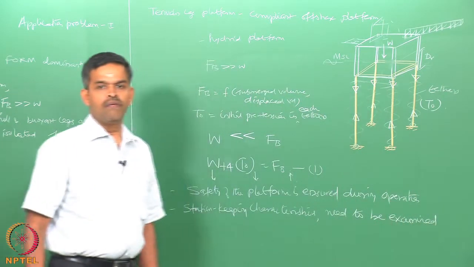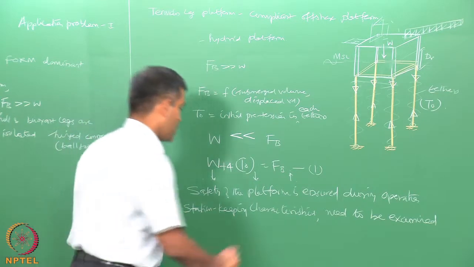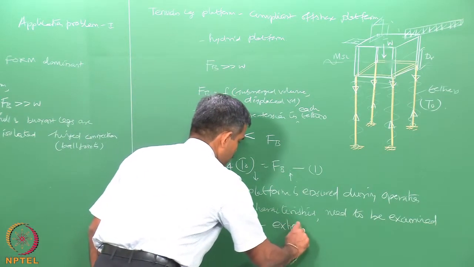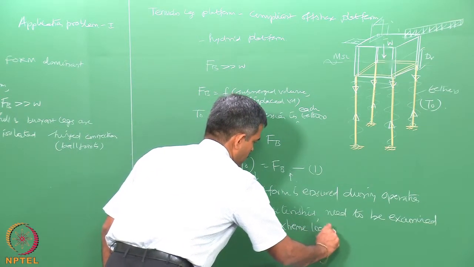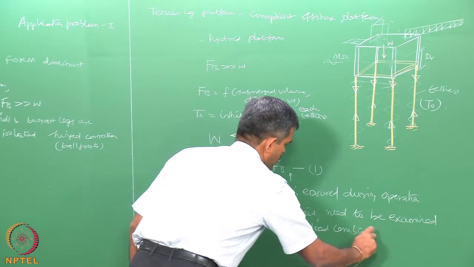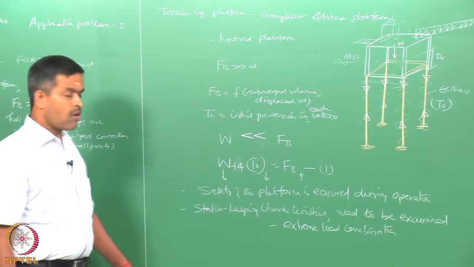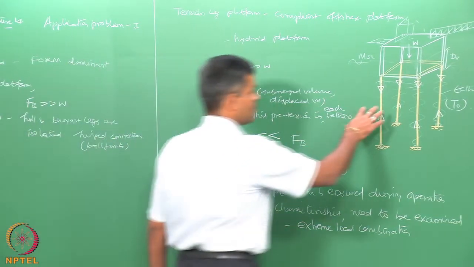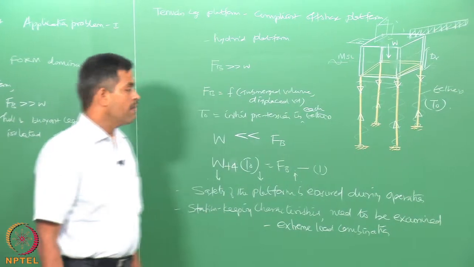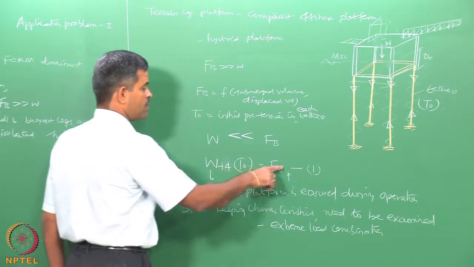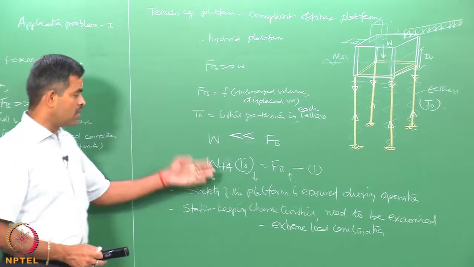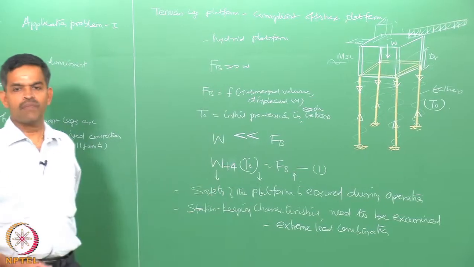Okay. We try to examine this under extreme load combination. Because under extreme load combination, this can cause imbalance to the tethers or tension in tethers, which in turn will affect the stability of the platform, because that is the equation of static equilibrium of the given platform.